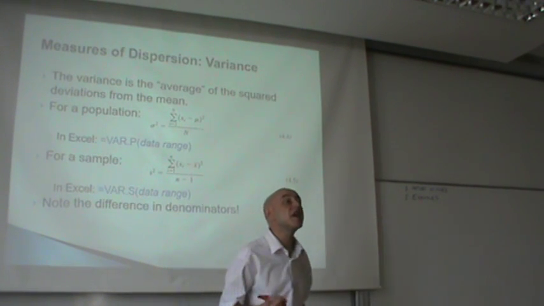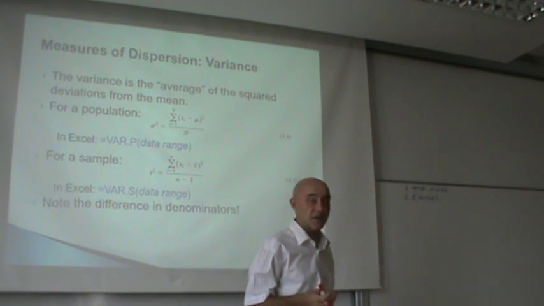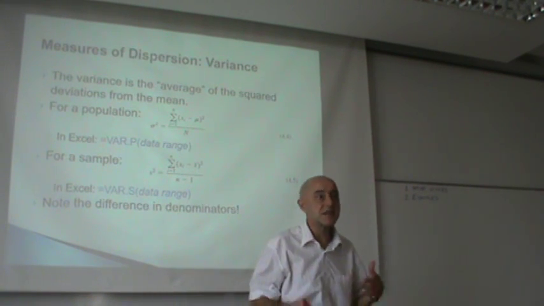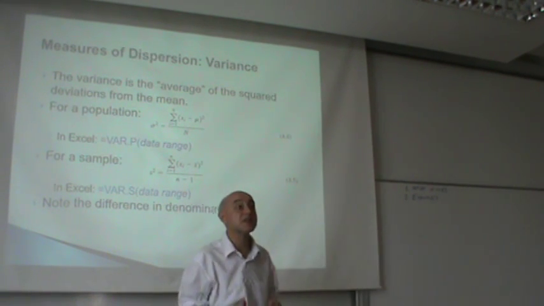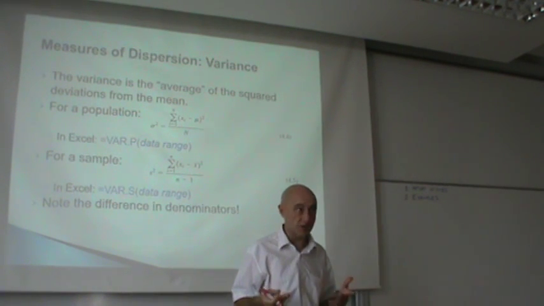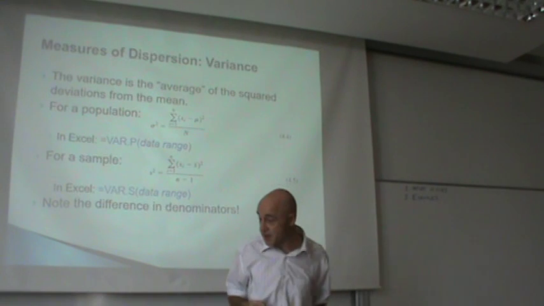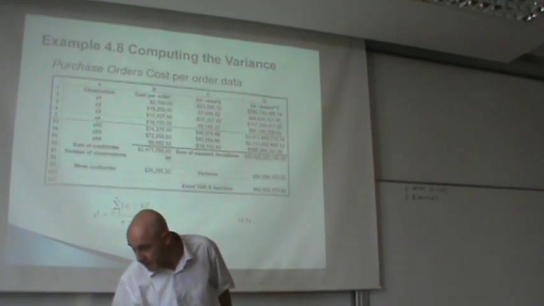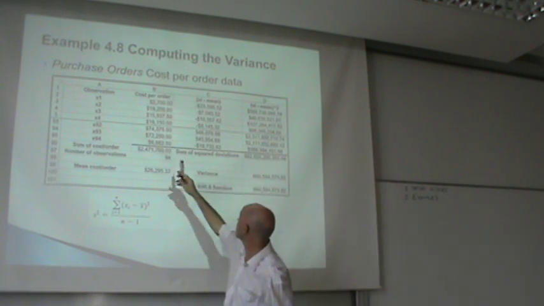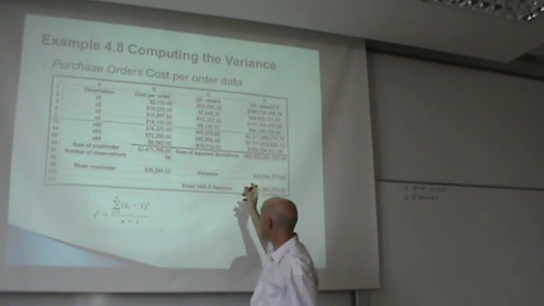Another measure will be variance. Variance is just a formula. It's given, it's calculated, and variances in statistics have some beautiful properties, okay? So, in example 4.8, you're given here, and you can see how the variance is calculated.